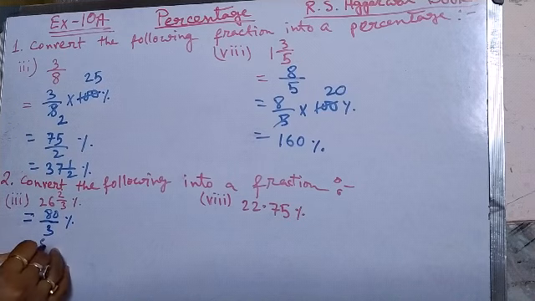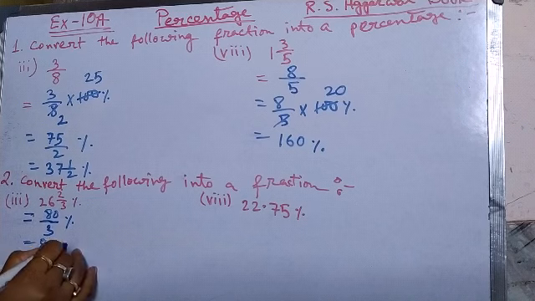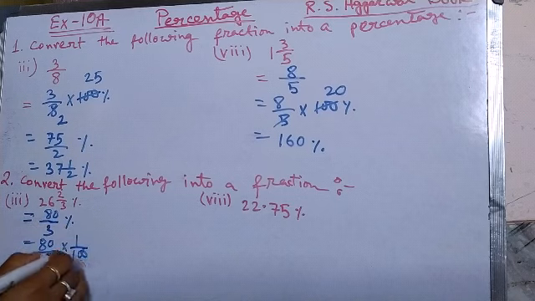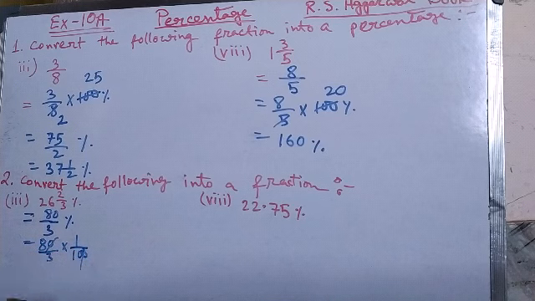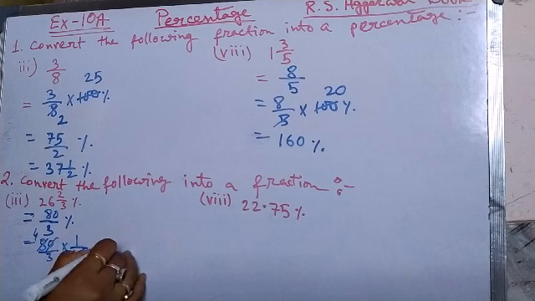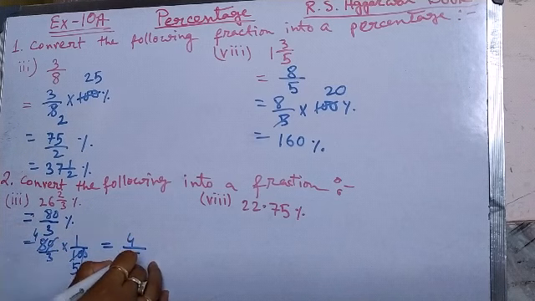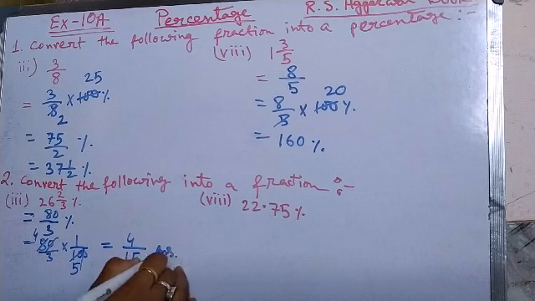Then 80 by 3% means 1 by 100. We have to write what is the meaning of percent, that we have to write here, 1 by 100. Then we can make it in simplest form. 2 4s are 8, 2 5s are 10. That means 4 1s are 4, 4 1s are 4, 3 5s are 15. This is the answer.